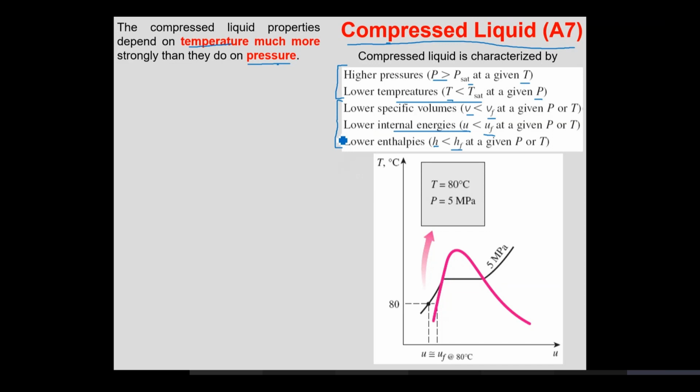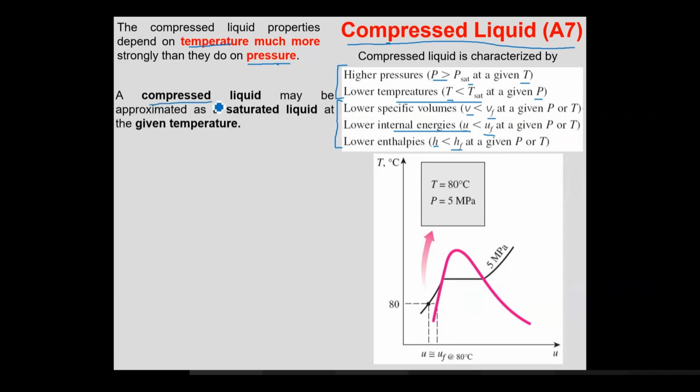So how do you approximate these properties? You approximate a compressed liquid as saturated liquid for the given temperature. For example, you have been given a system where the temperature is 80 degrees centigrade and the pressure is 5 megapascal. That means you are standing at this point. This line is the 5 megapascal line, and at 80 degrees centigrade you are in the compressed liquid region. Now, if I go to table A7, I don't find the data for 5 megapascal. What should I do? I don't have the tabulated data for that.